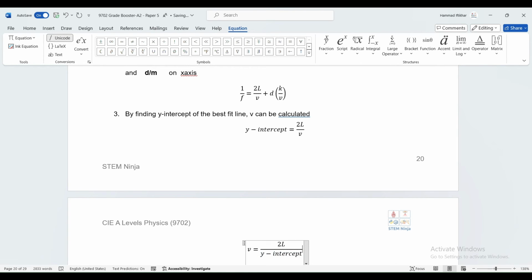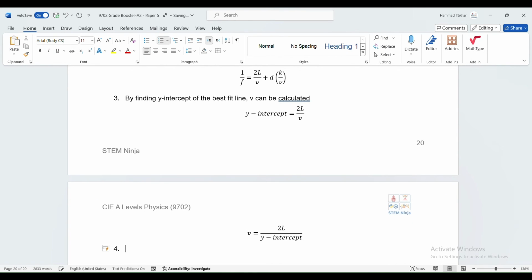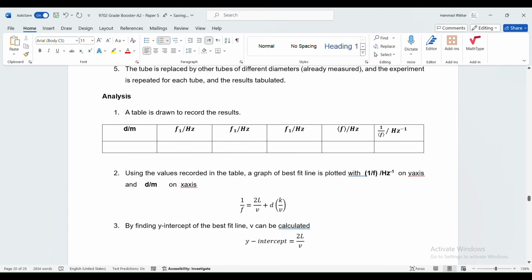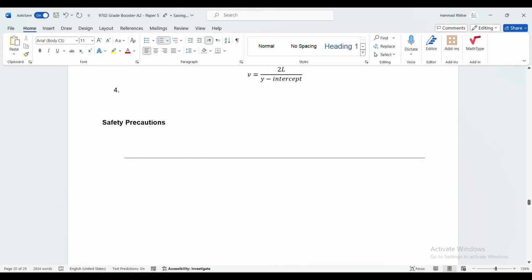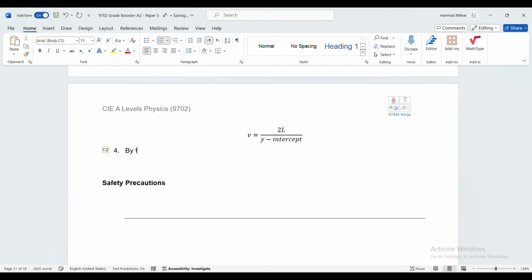Now we need the other thing, the gradient for the K. By finding the slope of the best fit line, K can be found.